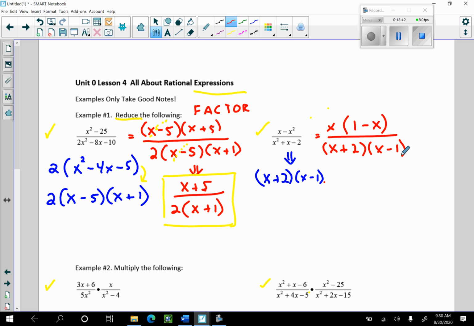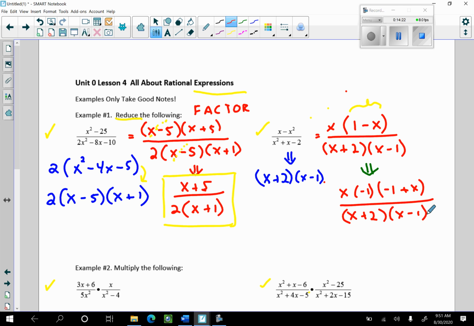But if I look closely, if I factor a negative 1 out of this guy right here, look what's going to happen. And this is hard for a lot of human beings to see. So I'm going to come down here, and what I'm going to do is rewrite the top. This is going to be x, and I'm going to factor a negative 1 out of that right there. And what would I have? I would have negative 1 plus x over x plus 2 times x minus 1.